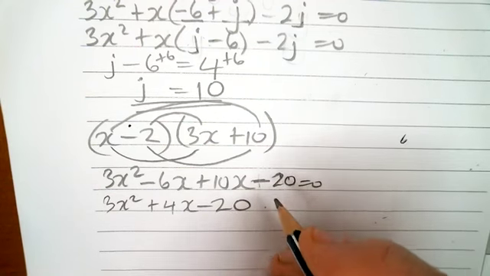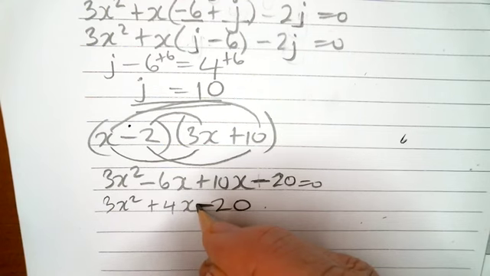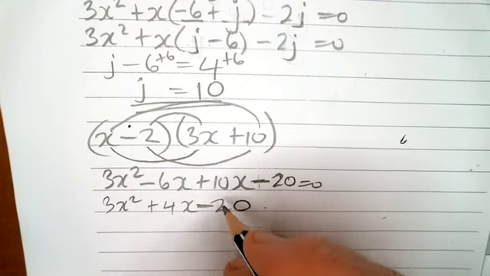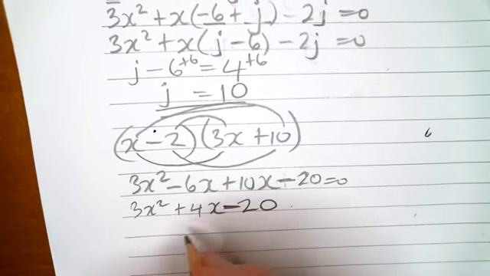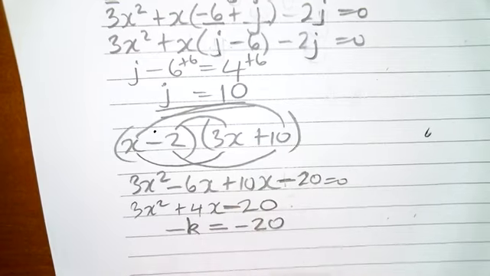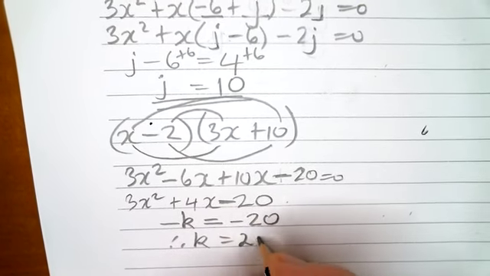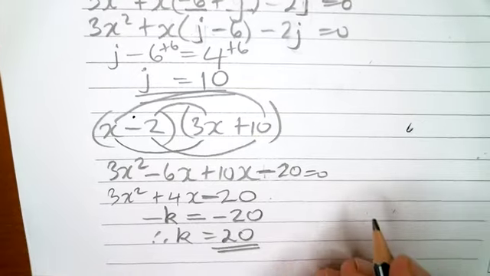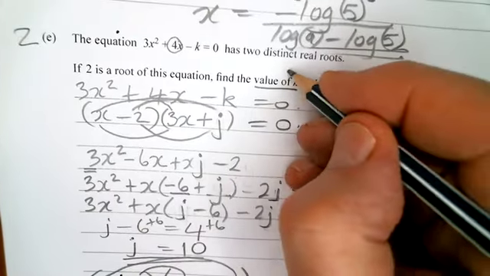So this has to be, signs are different, so that is a negative. Okay. So it's minus k. So minus k is equal to negative 20. Yeah? So therefore, k is equal to 20. Thought that didn't make quite as much sense as I hoped. So there's our k value. So we've found our value of k.